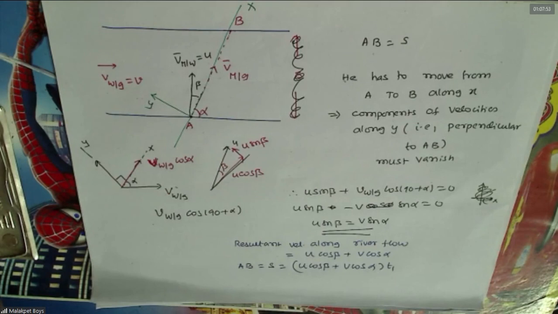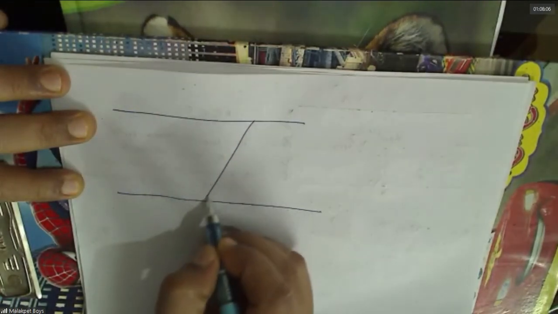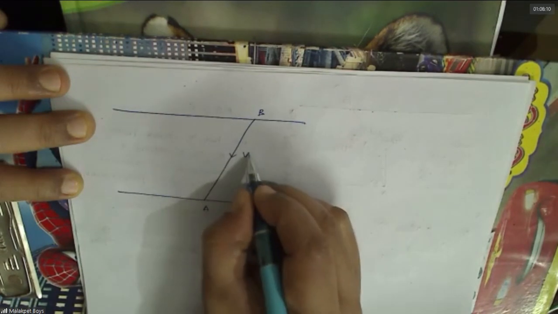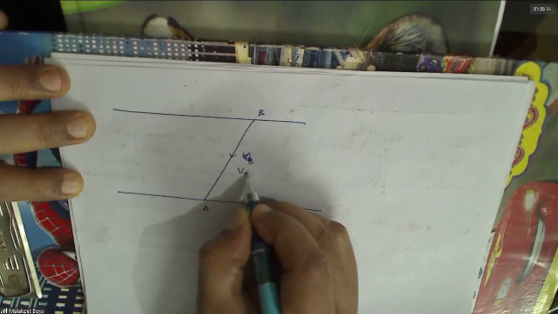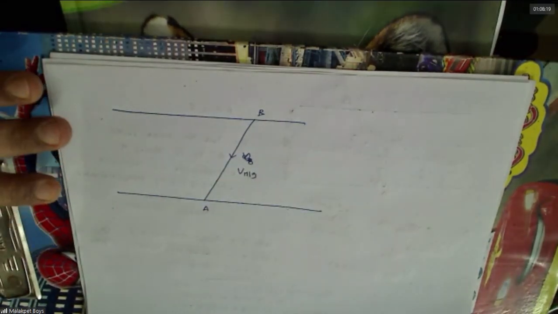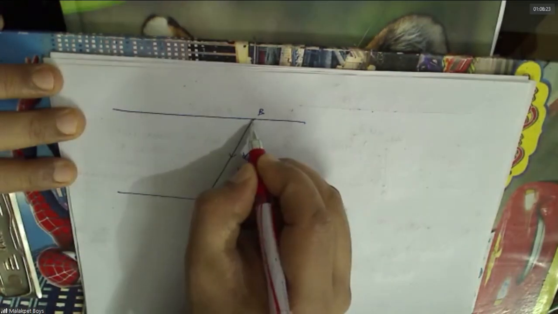Done, sir. Now, the return run you have to plan. That is B to A. Okay. The same story is validated. Now he has to come from here to here, B to A. That means this should be the velocity of the man with respect to ground. Understood this? And what has he given?